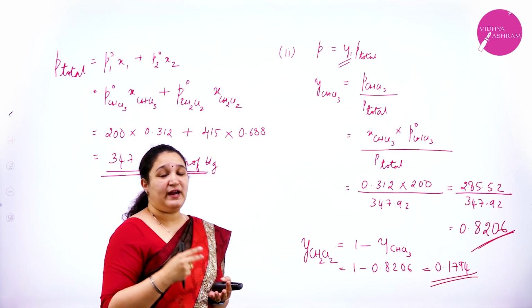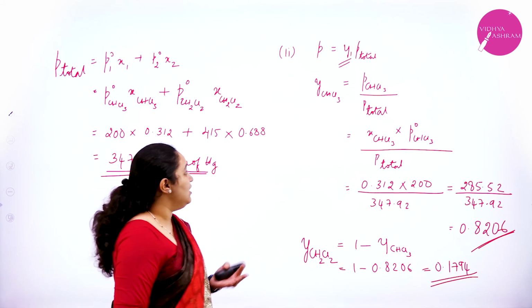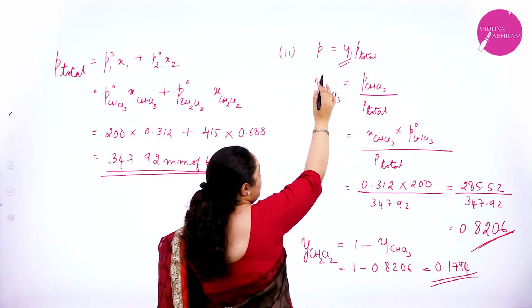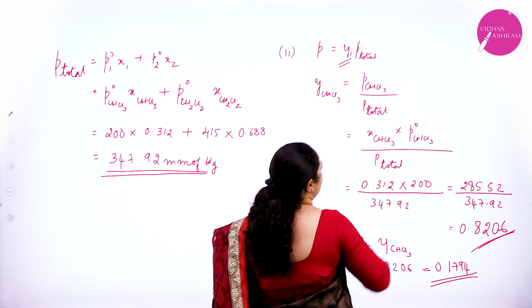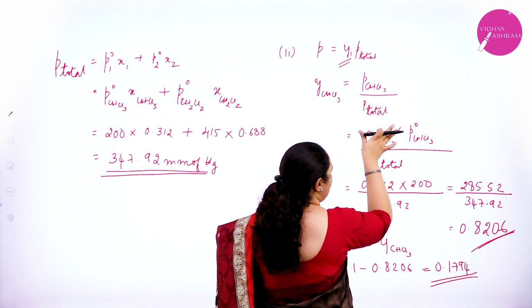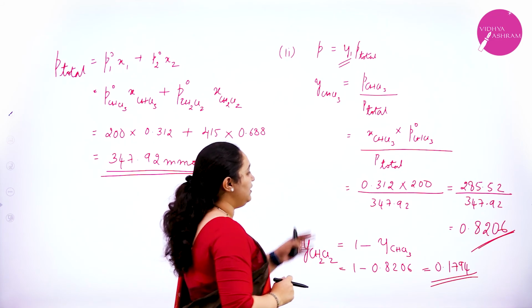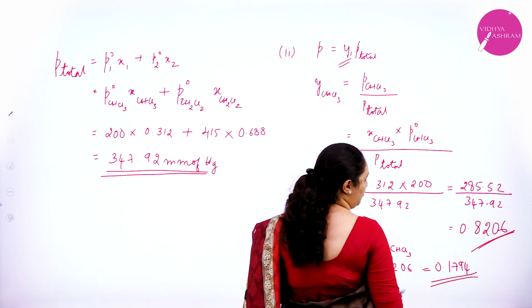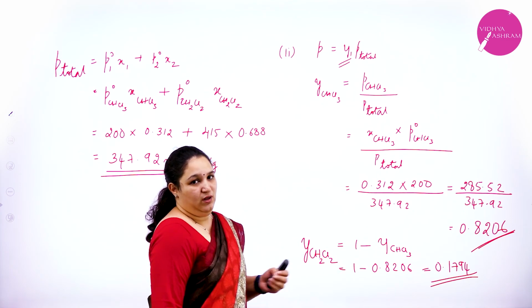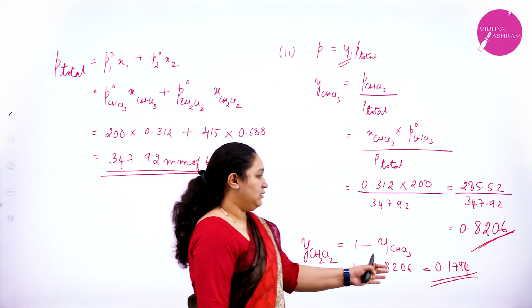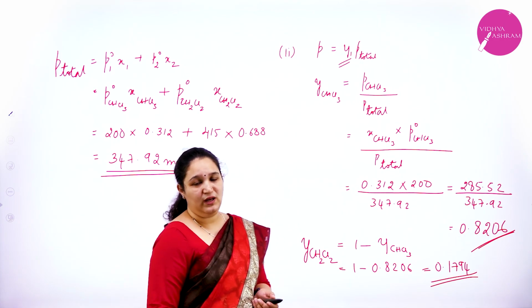Later they had asked us to find the mole fraction in the vapor phase for both the components. So partial pressure is equal to mole fraction into total pressure. Mole fraction I want, so it is partial pressure by total pressure. Partial pressure is mole fraction into partial pressure of the pure component. So we got it first for chloroform, and 1 minus chloroform gives the mole fraction for dichloromethane. So these are the answers. I hope you have understood how to solve both the problems.